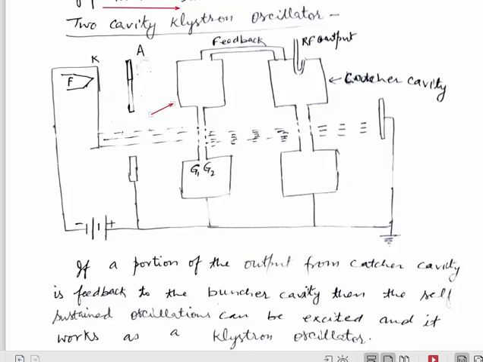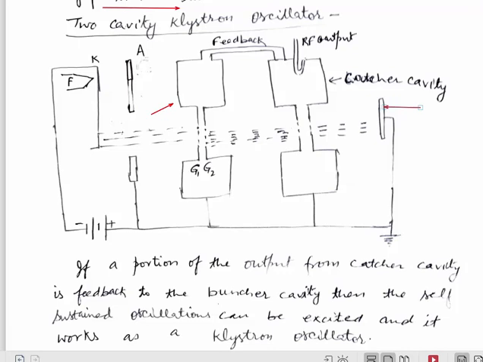This is the buncher cavity, which velocity modulates the incoming uniform flow of the electrons into dense clusters or bunches of electrons. The second cavity is called the catcher cavity, and this is the collector electrode. So this whole diagram was earlier considered and discussed in our first lecture of the two cavity klystron amplifier. From the catcher cavity, RF output voltage is obtained.